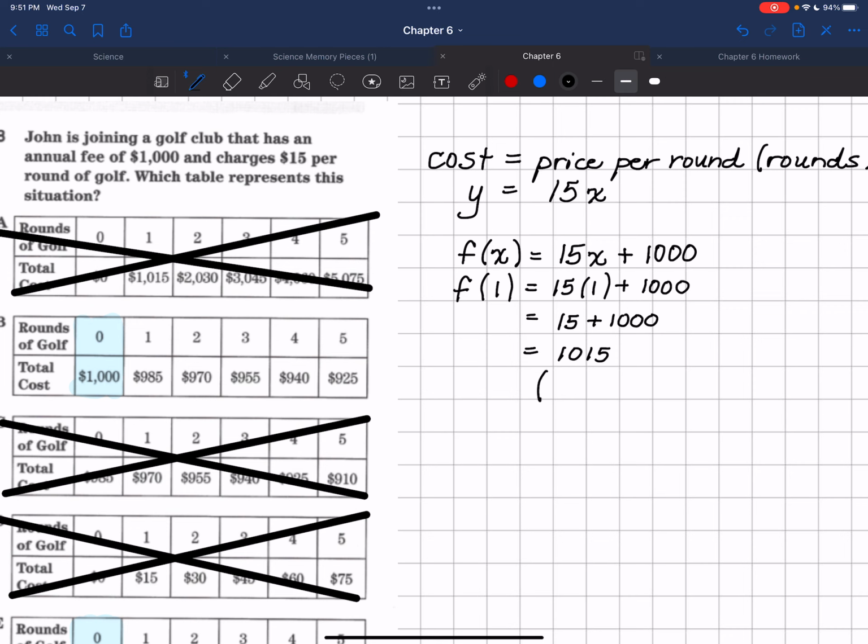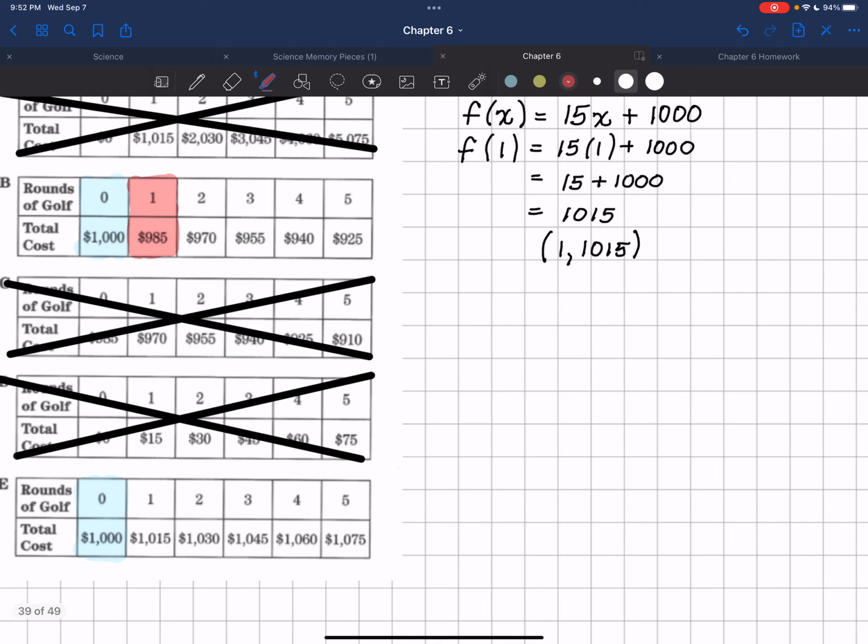This is saying if you play 1 game, it will cost you this amount. This is saying one game costs $985. That's not it. But look at this one. Because we've already figured one game. We don't have to do it again. That's the one I'm looking for. Because you pay the $15 for the game, but you also have to pay that $1,000 fee.